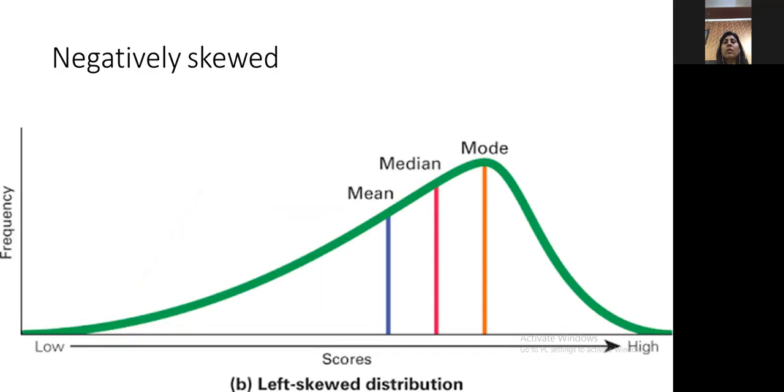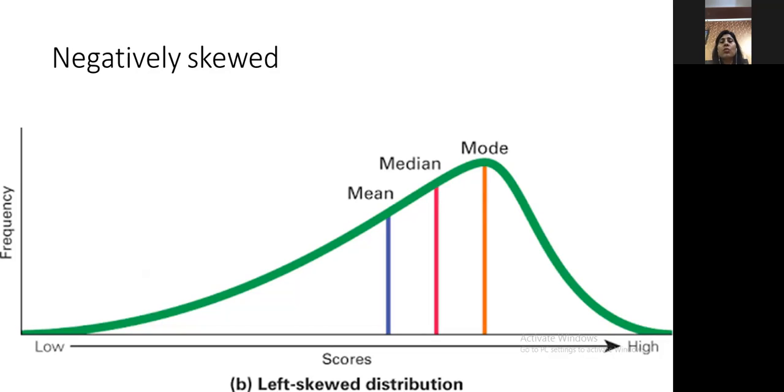So now understand the negatively skewed distribution. Just as we have learned the same thing, we have to analyze here. It is not symmetrical.